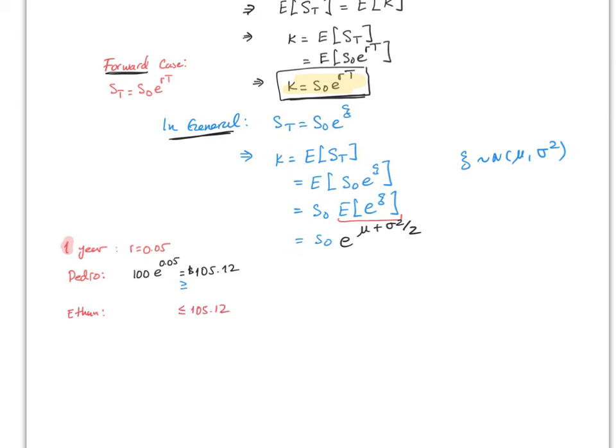So he will be okay paying at the most 105.12. So if this has to be more than or equal, and this is less than or equal, that means that the price should be 105.12. This should be the value for K. So in this case, K will be equal to whatever the price is right now, times e to the interest rate times time. So therefore, to price this, the interest rates are going to be very, very important.